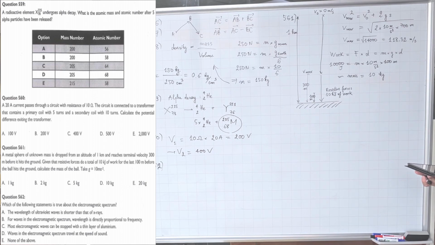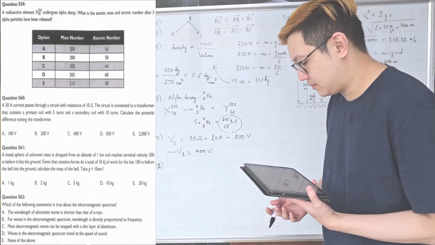Because you know, all the resistive forces are caused by basically the weight of the object moves down, but resistive force moves up, right? So you can find the mass through the work done by resistive forces. Yeah, it's 10 kilograms.